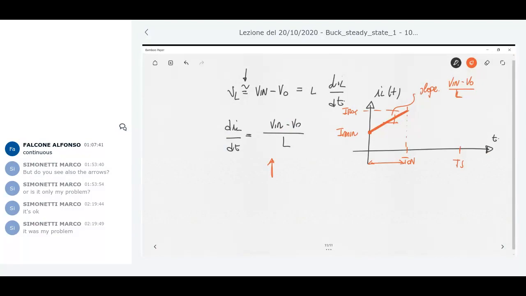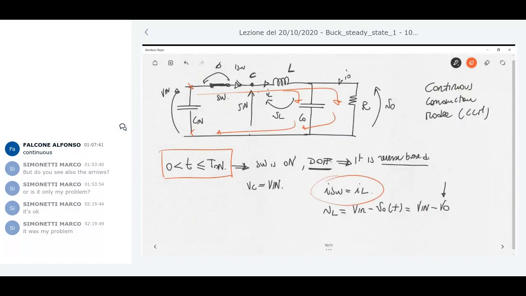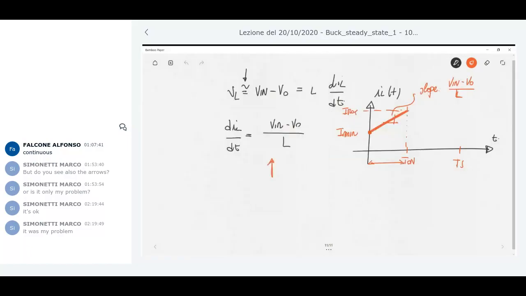I said before that the switch current is the same as the inductor current. So this is also the switch current.